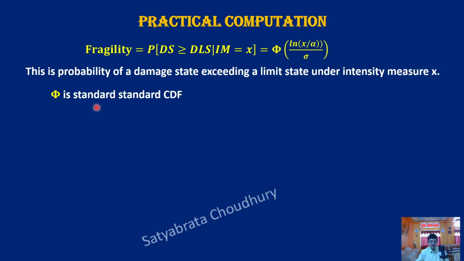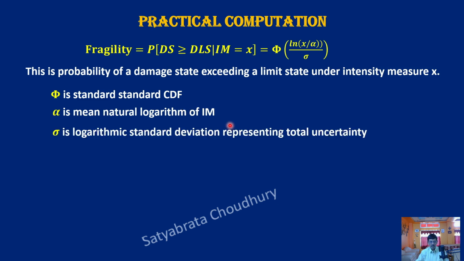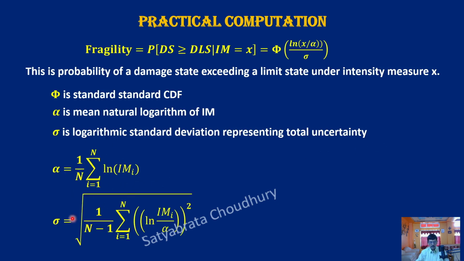Phi is called the standard CDF, cumulative distribution function. Alpha is the mean natural logarithm of IM. Sigma is the logarithmic standard deviation representing total uncertainty. Alpha is given by this formula of statistics and sigma is given by this formula of statistics.